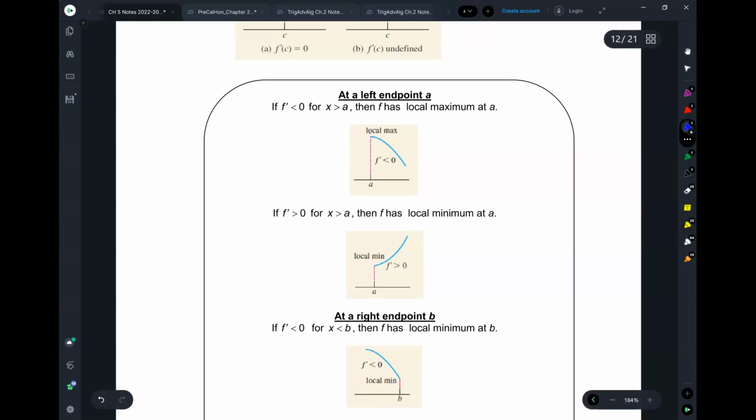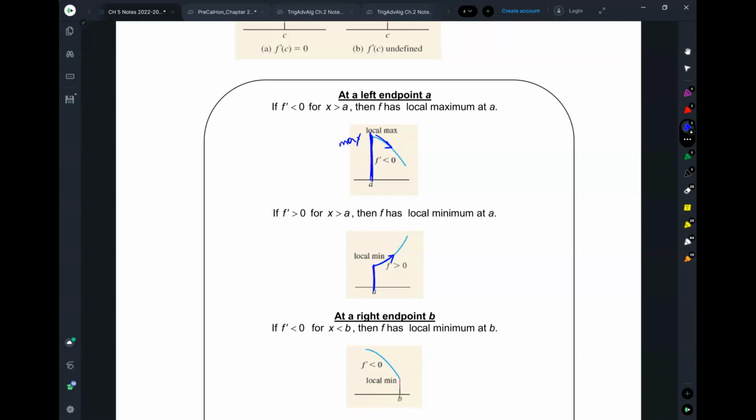So suppose you're at an end point. If to the right of the end point, the graph is decreasing, then this is a local maximum, right? Because it's decreasing from a higher level, okay? If at an end point, after that, the graph is increasing, then this is a minimum because this is the low point from which the graph is increasing, okay?